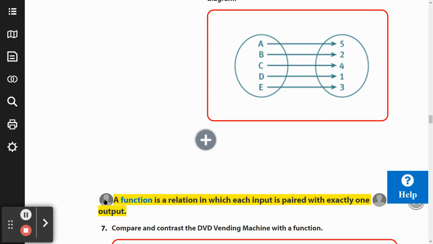No. Anybody? What do you think, Bryce? No. Why? Because not every input has an output. Okay. Anybody else?